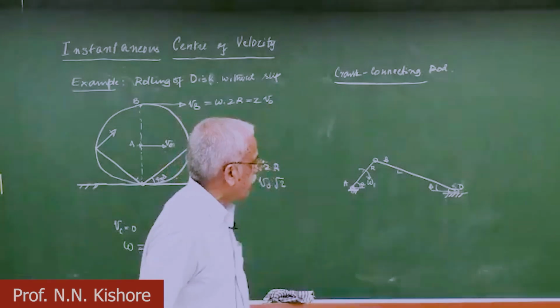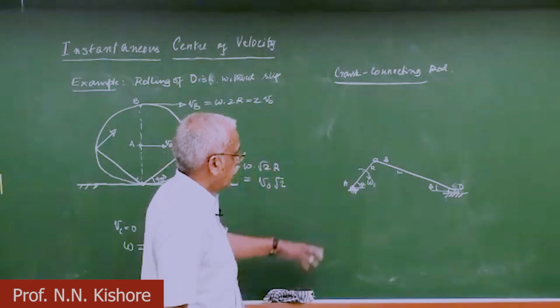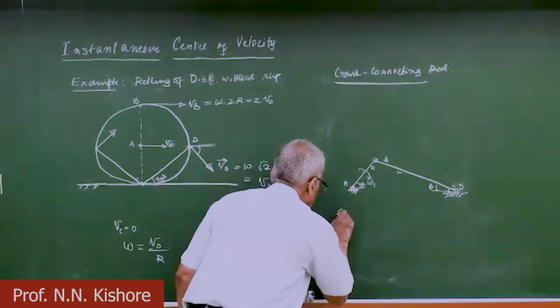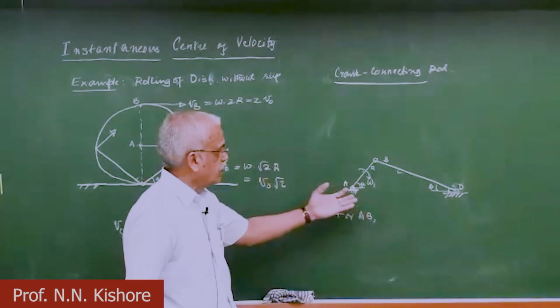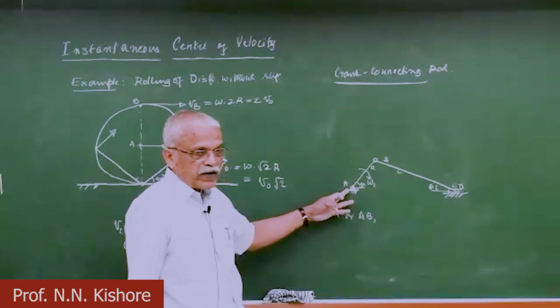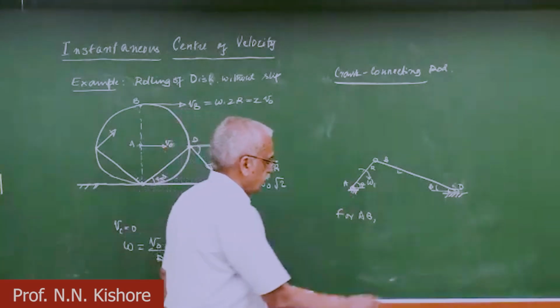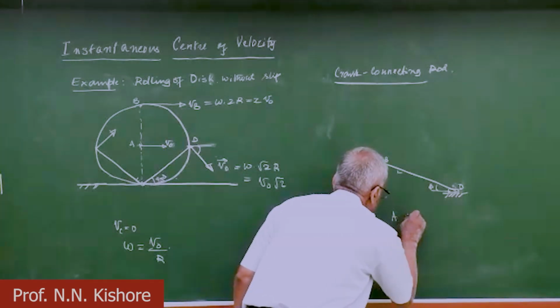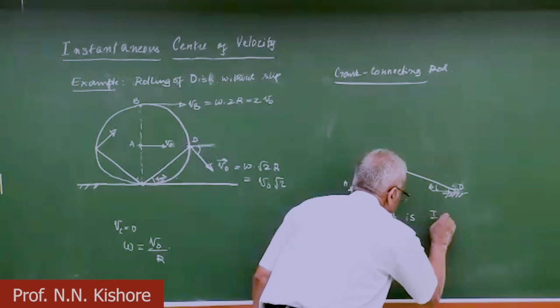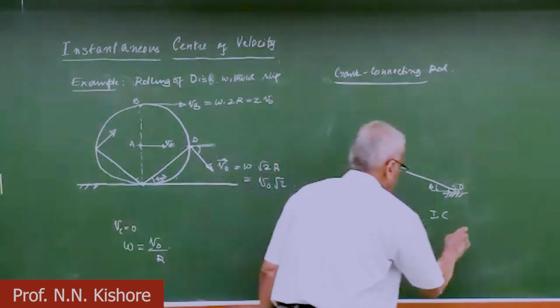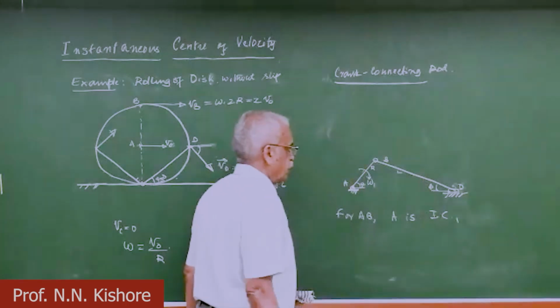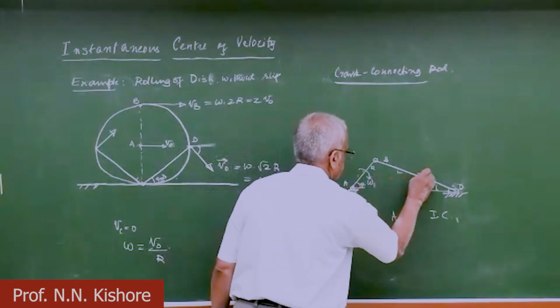The configuration you know. So for AB, the instantaneous center obviously is very clear. The point A has zero velocity. So A is the instantaneous center of AB. Let us say if you call this link 1 and this is link 2.